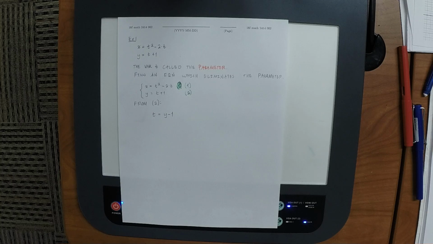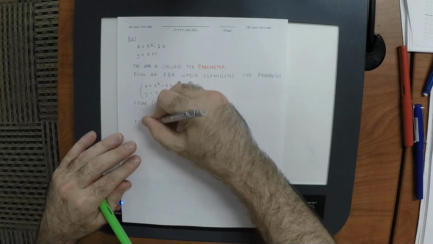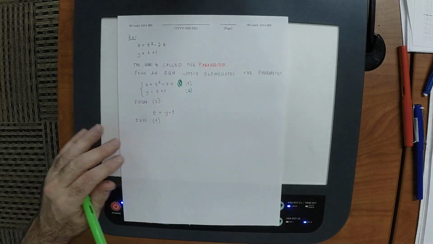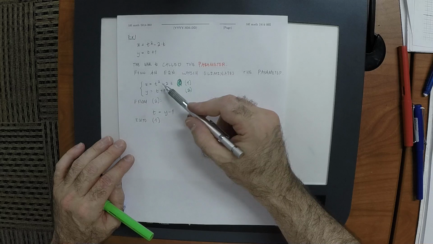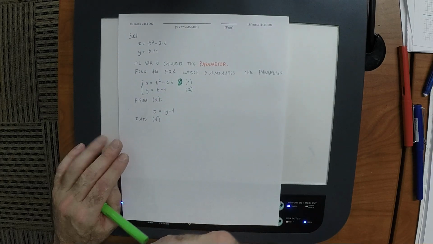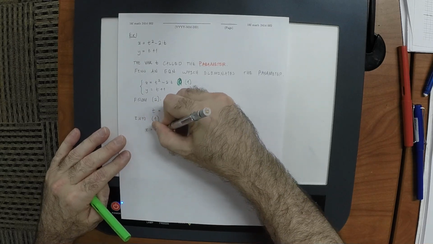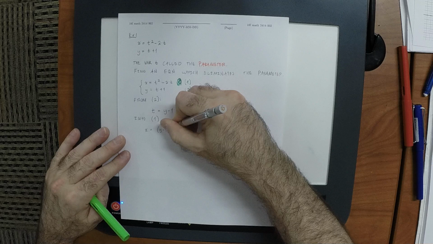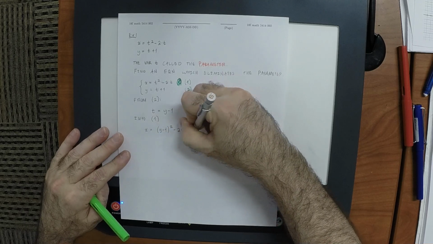Right? And now we can put that into equation 1, which is to say everywhere in equation 1 where I see a t, I'm going to replace it with y minus 1. So now it looks like this. x is (y minus 1) squared minus 2 multiplied by (y minus 1).